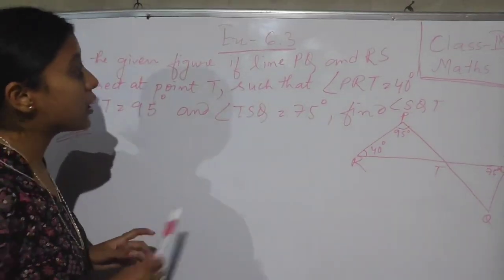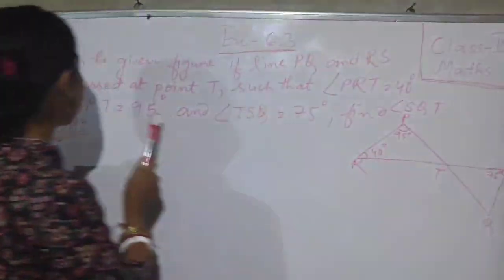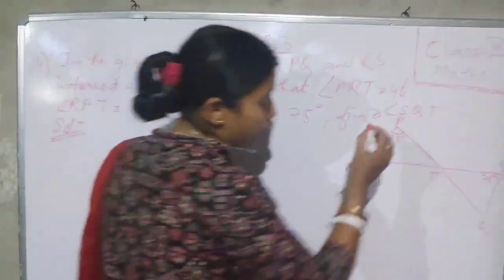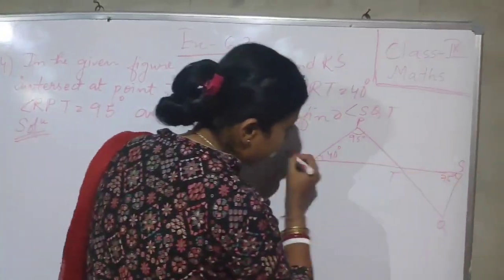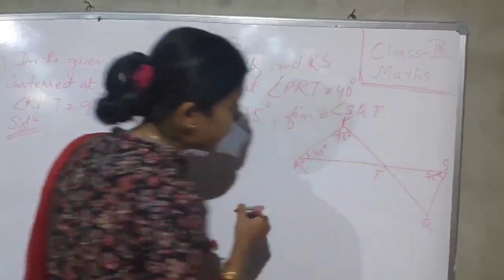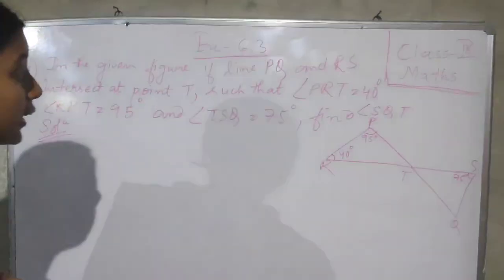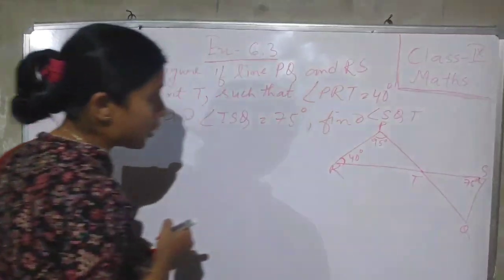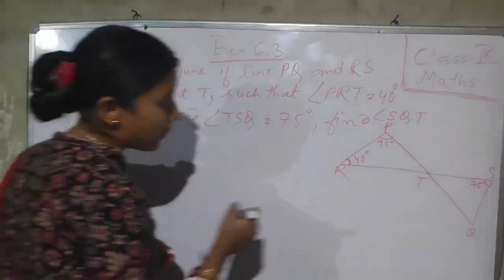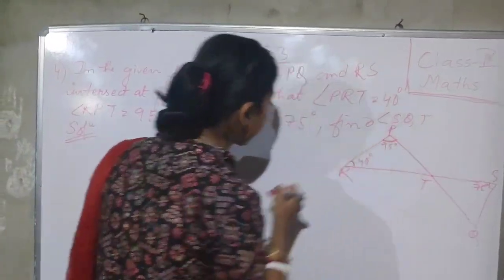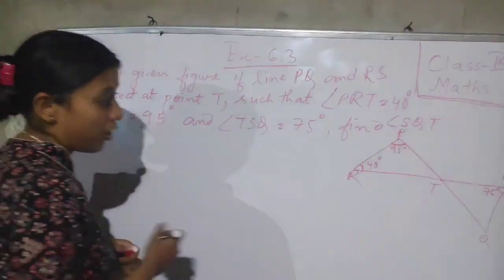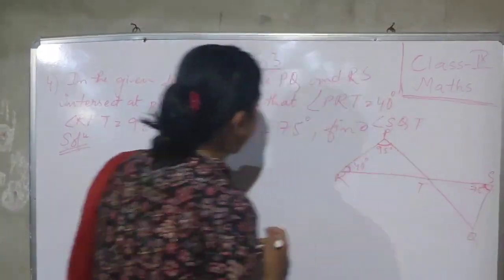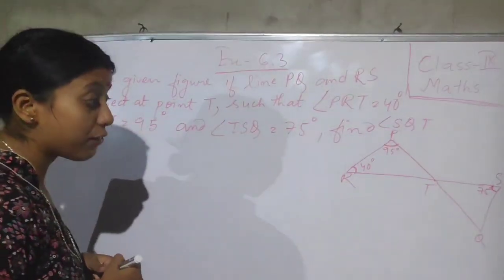In the given figure, lines PQ and RS intersect at point T such that angle PRT is given as 40 degrees, and angle RPT is given as 95 degrees, and from this triangle, angle PSQ is given as 75 degrees.